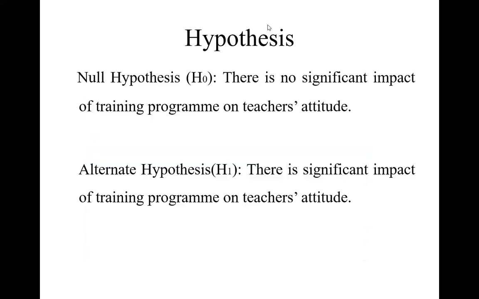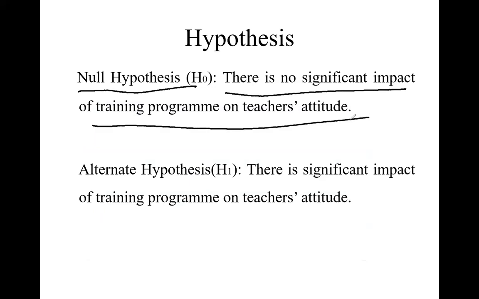First of all, we will develop the hypothesis. In the null hypothesis, we assume there is no significant impact of the training program on teachers' attitude. You can arrange many faculty development programs, but teachers do not want to change their attitude.